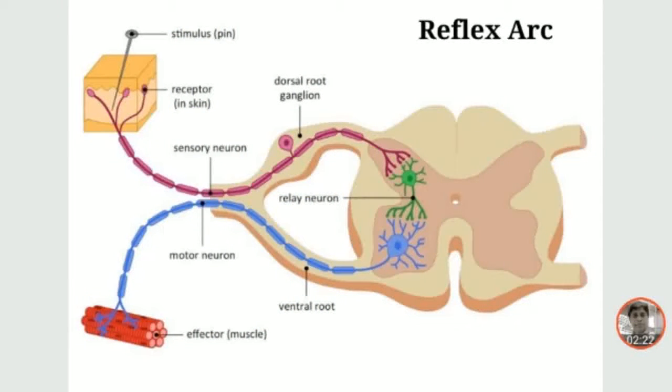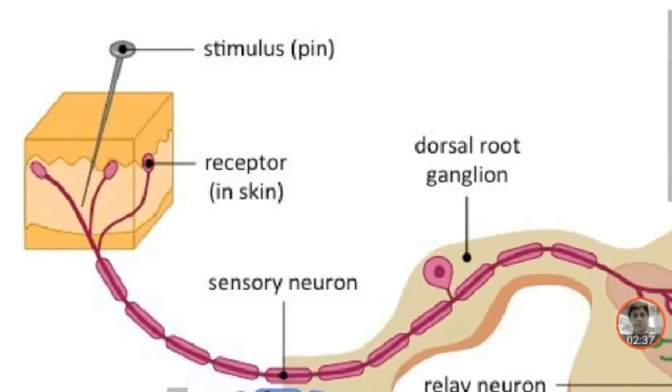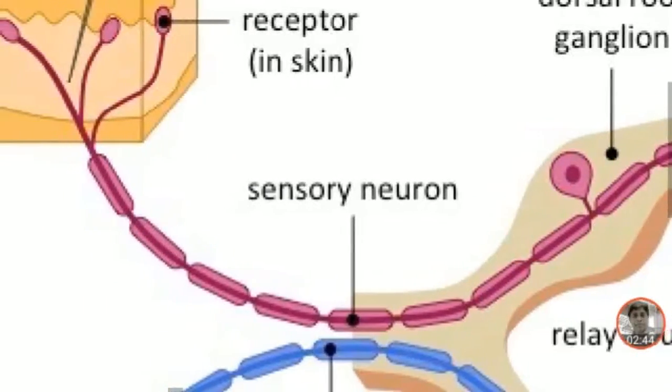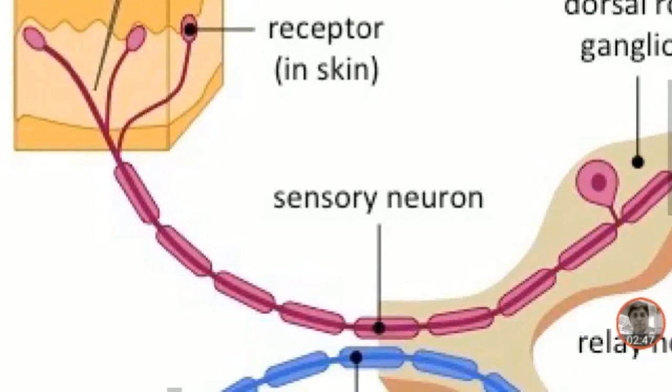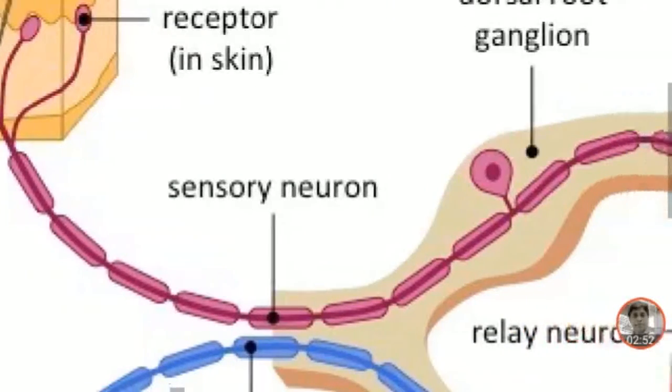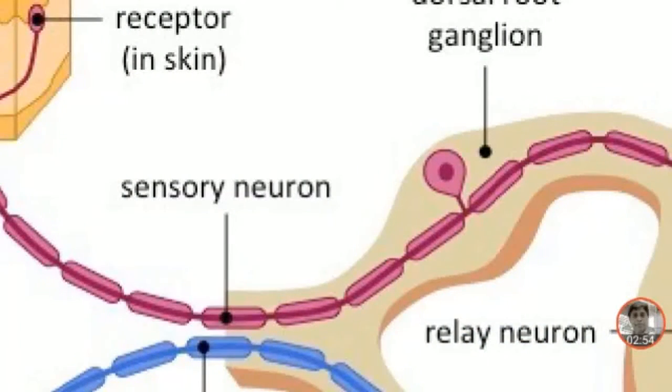So, the reflex arc is the arc from receptor organs to effector organs. For example, here pin pricking is the stimulus, which is received by receptor cells in the skin. From the receptor we have sensory neurons.